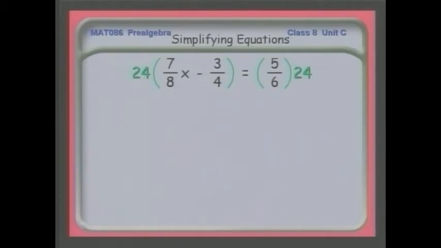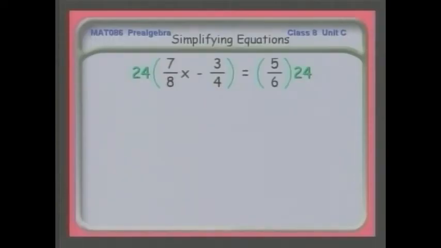But now watch what happens. Instead of making each of those fractions equal to 24, I'm going to do something entirely different. If I multiply both sides of that equation by 24, what will happen is the fractions will go away and I'll have an equation just in integers.